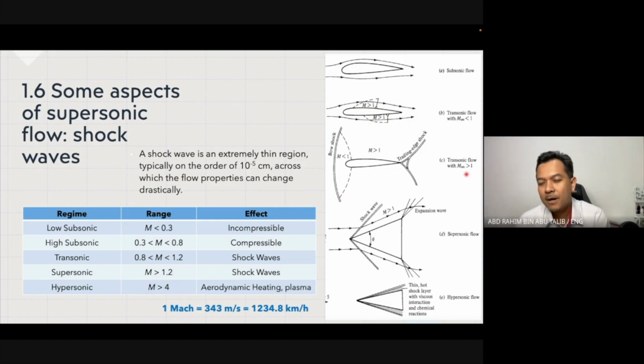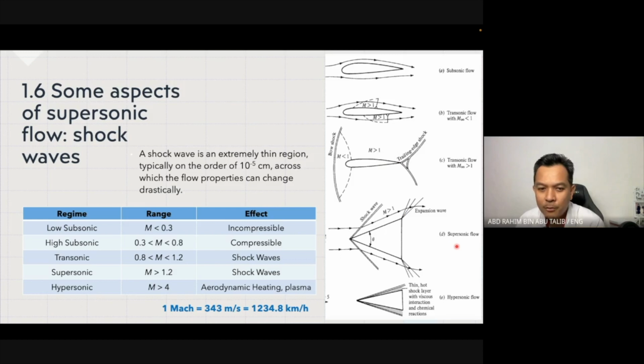For an airfoil, there will be a bow shock appearing in front of the airfoil shape, where we have a region of Mach number less than 1 and a region of Mach number more than 1 that results in a trailing edge shock. At the trailing edge of the airfoil, you can see the trailing edge shock.